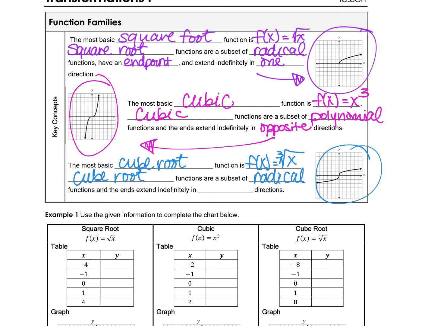And the ends extend indefinitely in opposite directions. Anytime it extends indefinitely in opposite directions, like the last two that we looked at, your domain and range will always be all real numbers or negative infinity to infinity. So every single time, we're all real numbers.